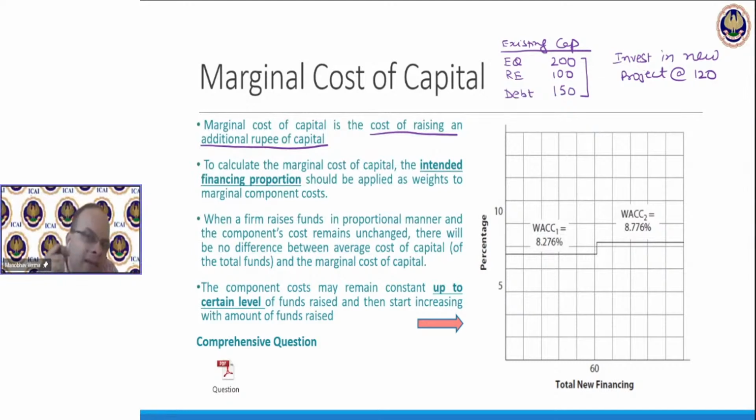See, the idea I'm trying to tell here is that marginal cost of capital can come into place whenever an organization is in need of raising fresh equity from the market. If we were to only use our retained earnings because we want to just maintain that capital structure or that proportion, then probably we're not even worried. Till that point, the marginal cost of capital would be nothing but my weighted average cost of capital.